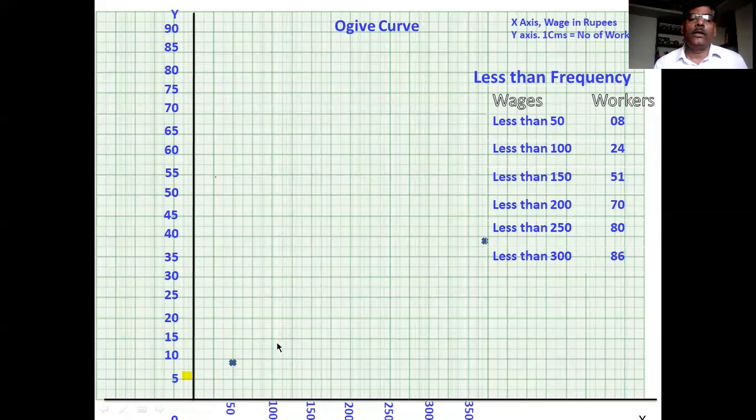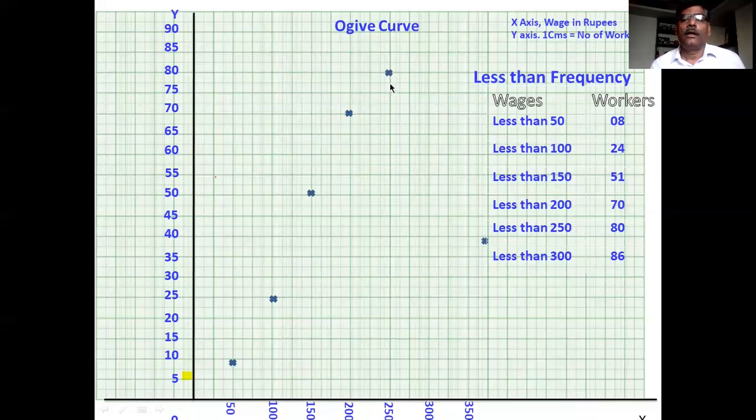And in the 100 line, 24 comes here. In the 150 column, the number is 51. It comes here. At the 200 column, it is 70. And at 250, it is 80.